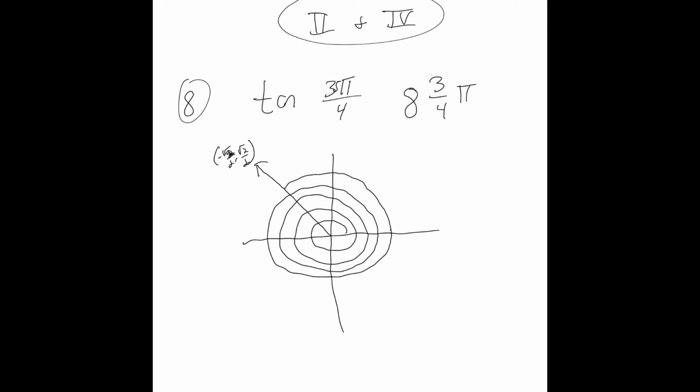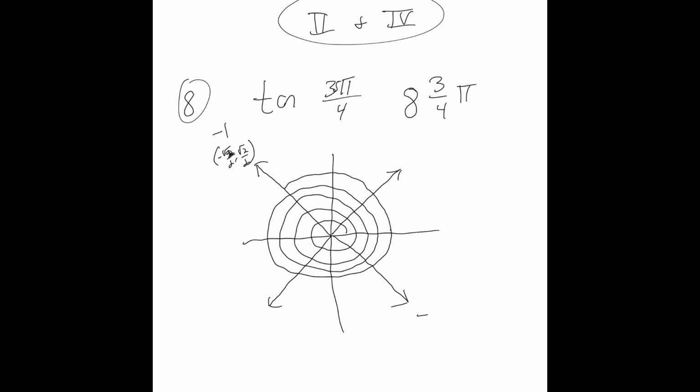Anytime it's asking for tangent or cotangent in the middle of your quadrants, those pi over 4 coordinates, it's either going to be 1 or -1. Remember, tangent's y over x. Here it's a positive divided by a negative, the same coordinate, √2/2 divided by negative √2/2, which gives me -1.